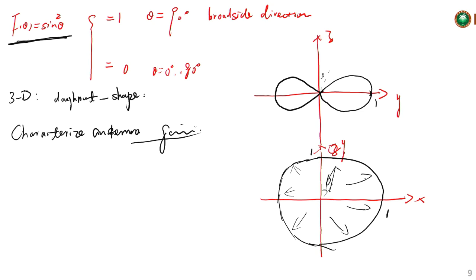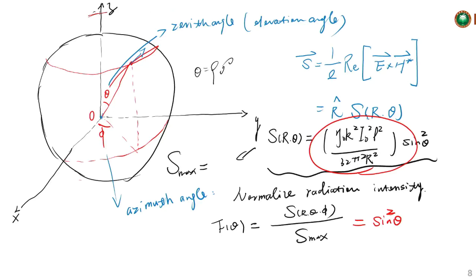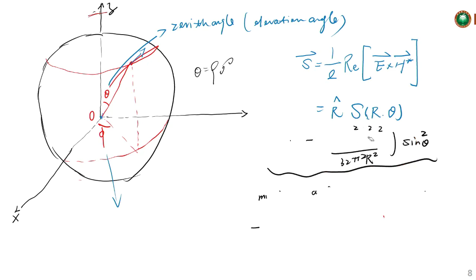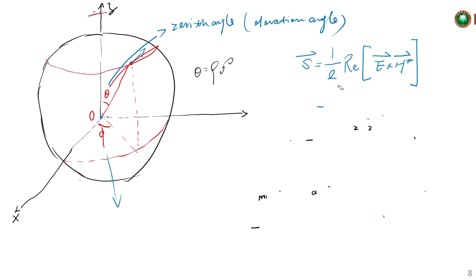We are going to come back and see this plot. I erase these things away, and I will reuse the spherical coordinate system again for the analysis.